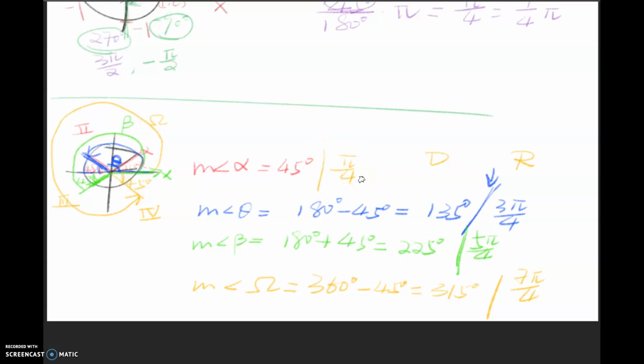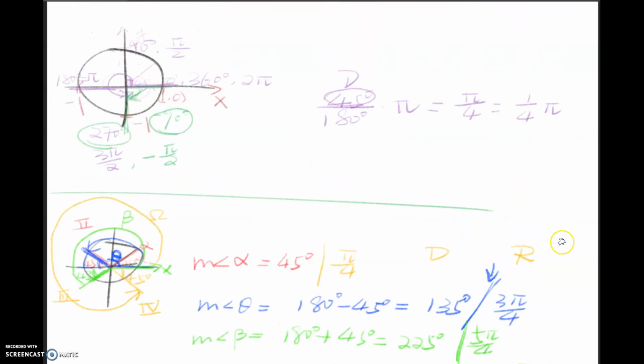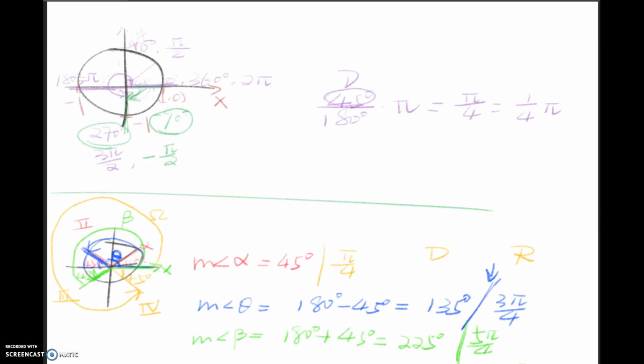Okay. So now let's make a new layer. So from there, that's how to name an angle in the unit circle.